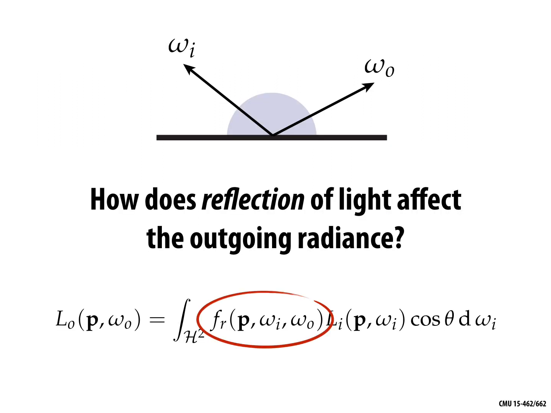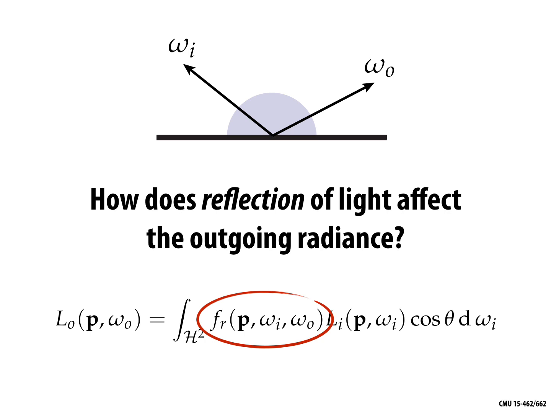And so that brings us to this new topic for today, which is how does reflection of light affect the outgoing radiance? What is the meaning of this scattering term?